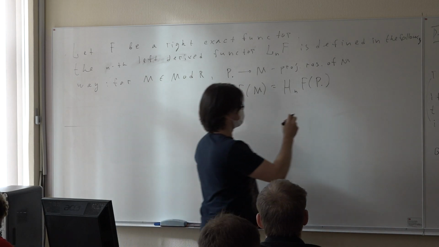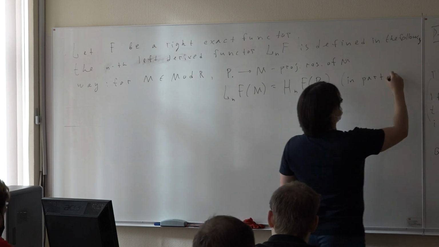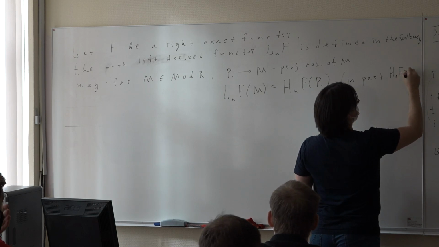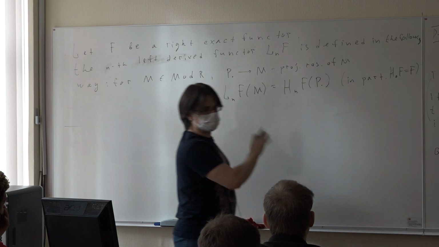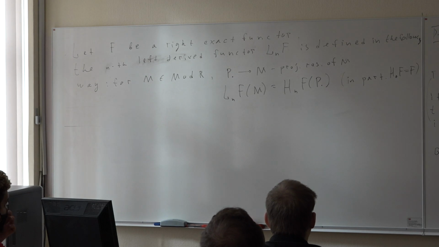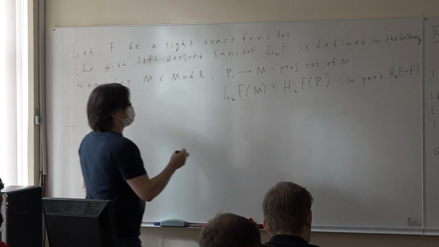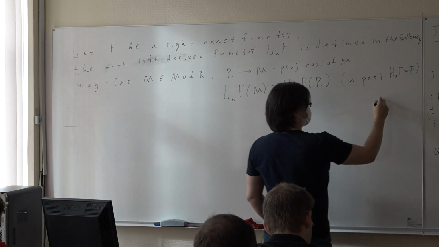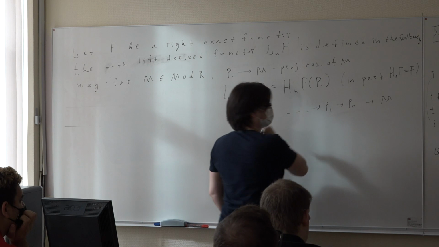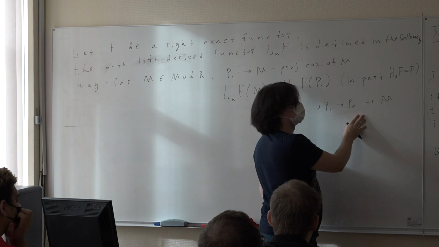In particular, the zero derived functor of F is F. Well, we haven't defined the functor on morphisms, but on objects at least it's clear that it's F, because if you have M, you have a projective resolution, and here M is the co-kernel of this map.